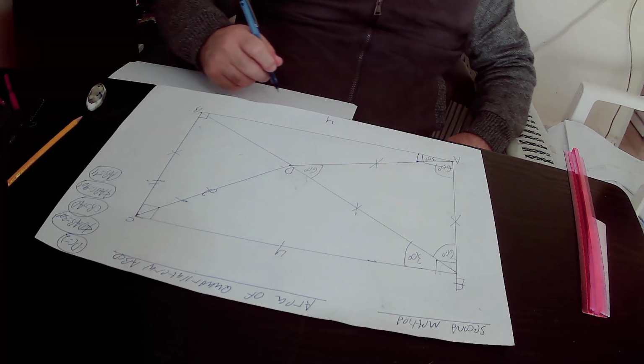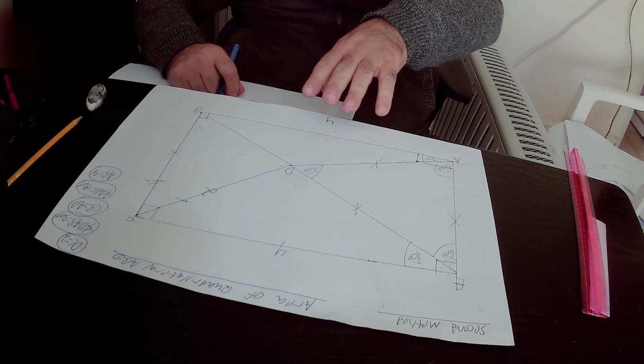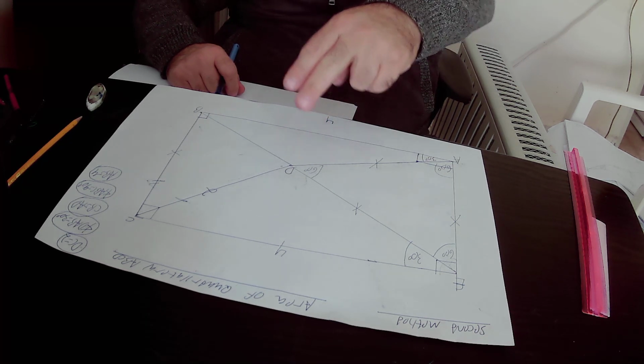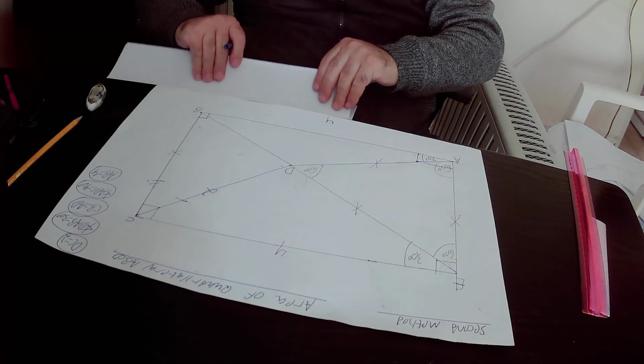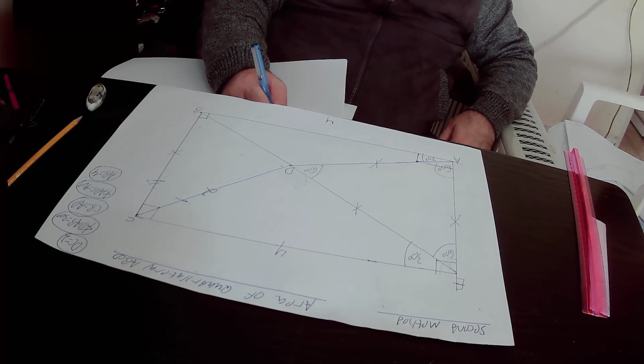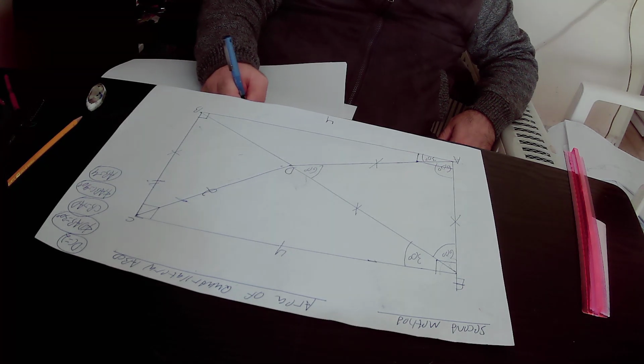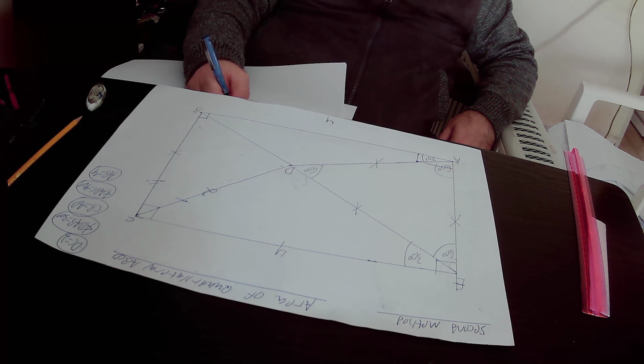In the next step, we will prove that triangle ADB can go into triangle EDC.